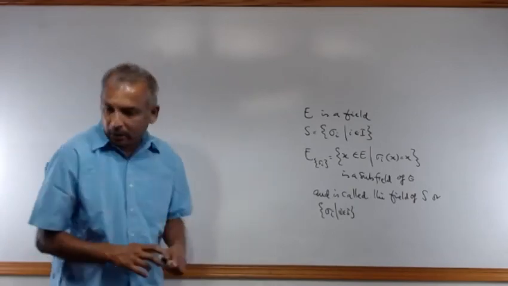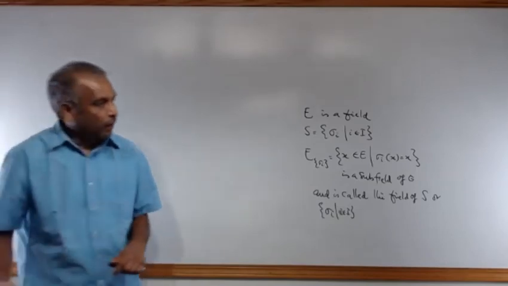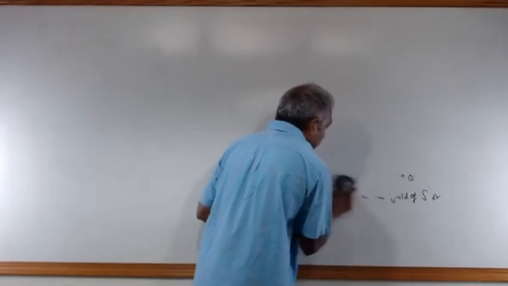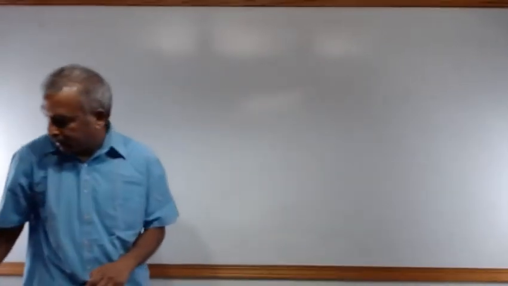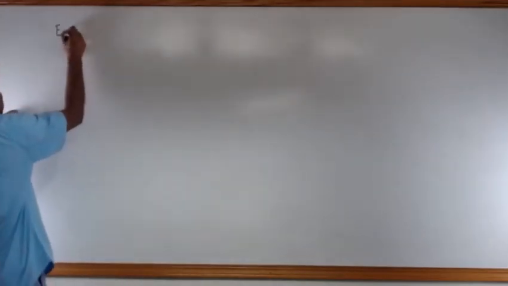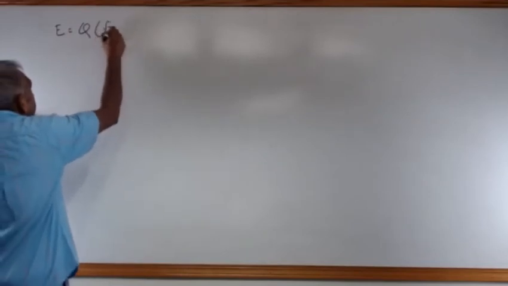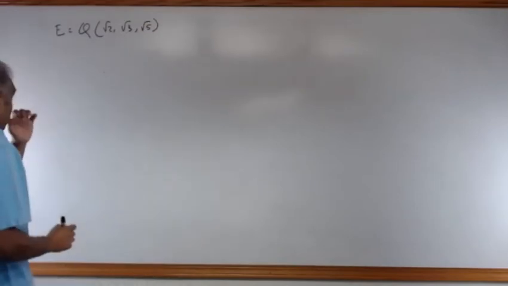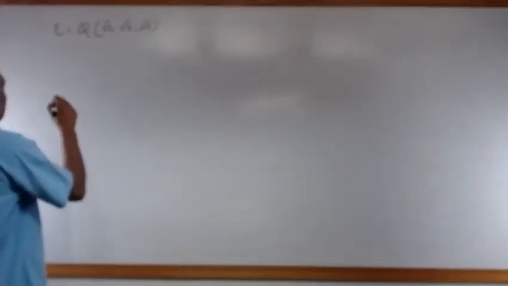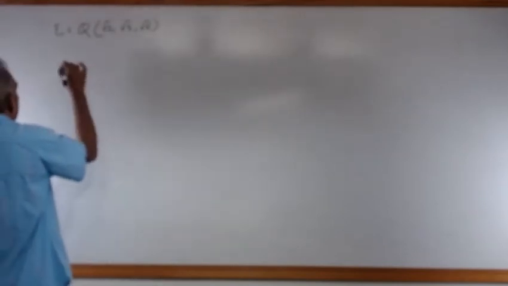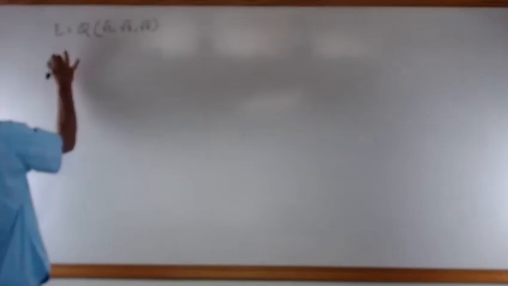Let's do an example of a fixed field. Let's assume that E is equal to Q of root 2 comma root 3 comma root 5. Then we are going to define two automorphisms. Actually, they are conjugate isomorphisms, but it is going to be an automorphism.